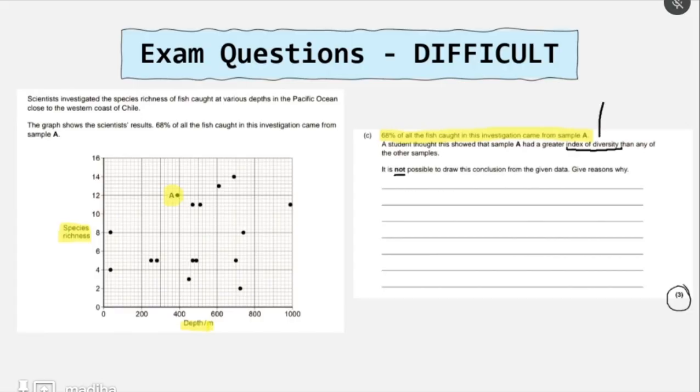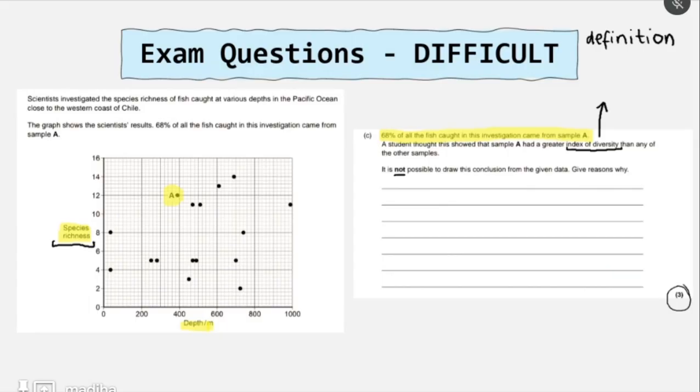To break it down, because it's telling you index of diversity, think about what is included in the equation. Remember the definition we went through. What is actually the index of diversity? Think about other things we've talked about. We've obviously talked about species richness.